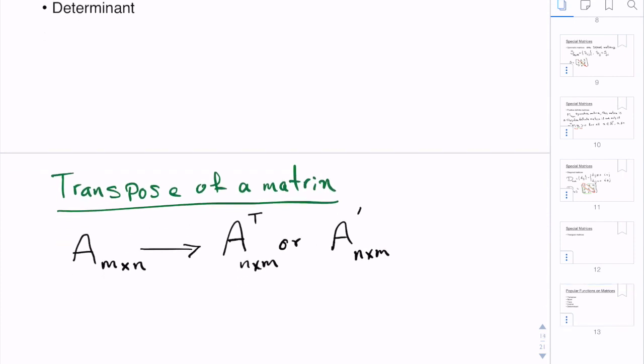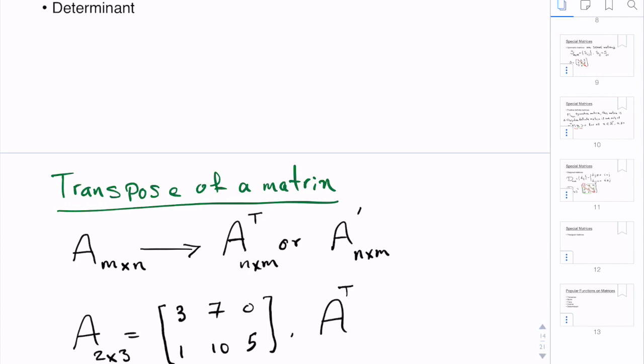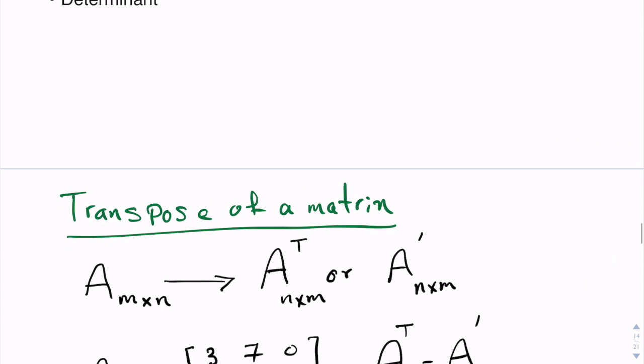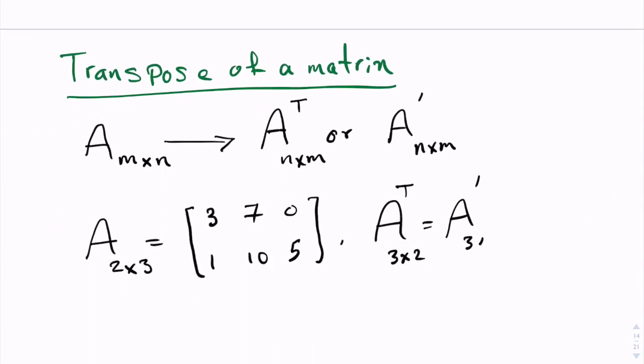Let's clarify this with a simple example. Let's say we have a 2 by 3 matrix which has 2 rows: the first row is 3, 7, 0, and the second row is 1, 10, and 5. Then A transpose, which is 3 by 2, is obtained by swapping the rows and columns.